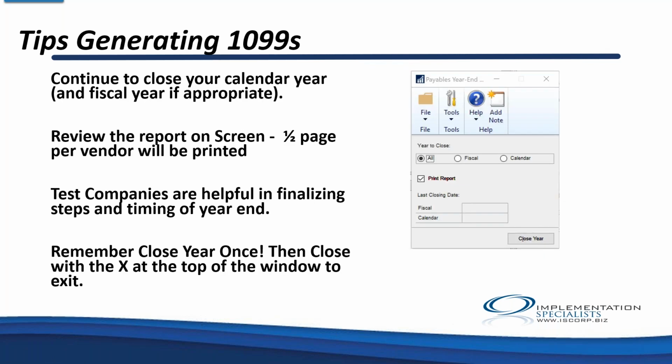And then at the end of this, you want to close your calendar and fiscal year properly. If you're nervous about it or want to test it out, remember your test companies are helpful in finalizing your steps and your timing. And then again, remember to close the year once. So you hit close year, don't press this button multiple times because it will go to the next year and the next year and the next year, and then X out. So click the button once and then use your X at the top.